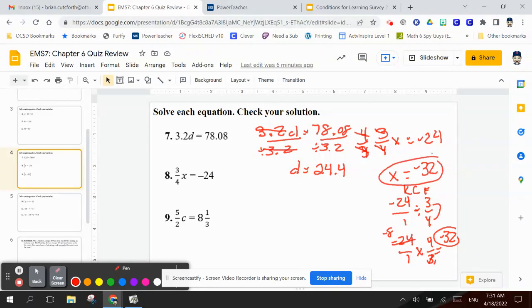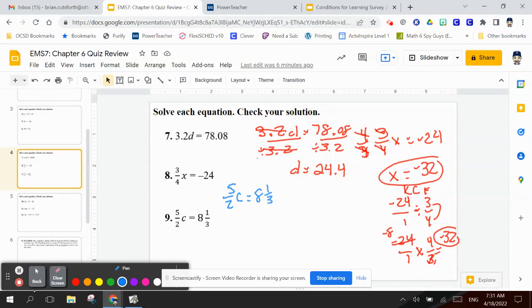Number 9, same thing. 5 halves C equals 8 1/3. So again, I'm going to take 5 over 2 C equals 8 1/3.